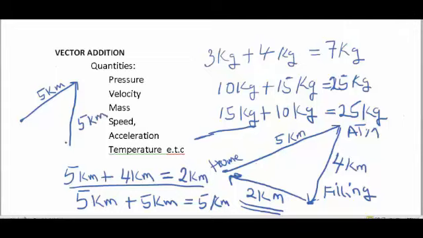And coincidentally, your displacement from here to your initial position can also be 5 kilometers. So in this case, 5 kilometers plus 5 kilometers give you 5 kilometers. This is because displacement is a vector quantity. If you now sum the total displacement when you completed your journey, the answer would even be 0.